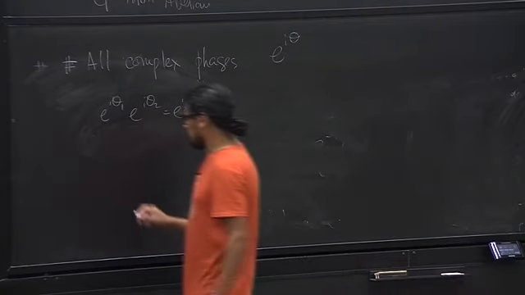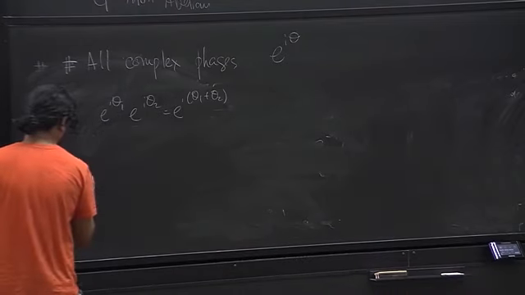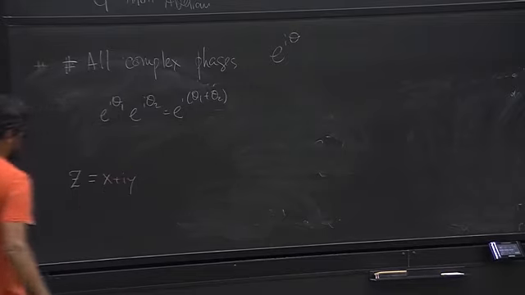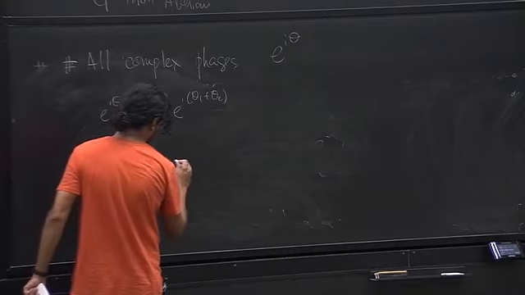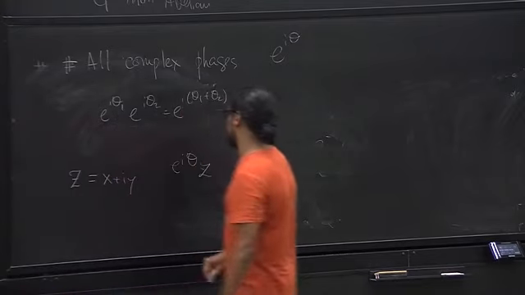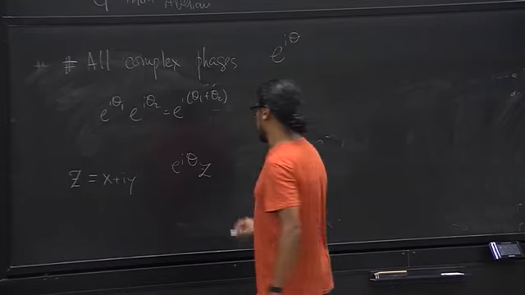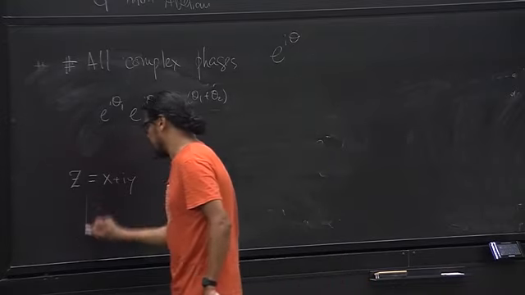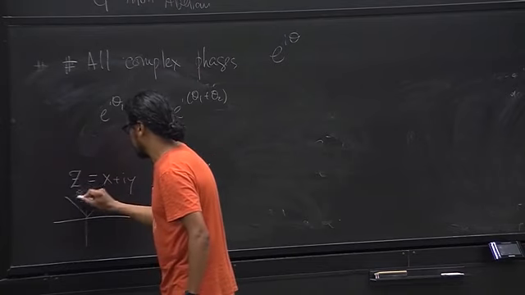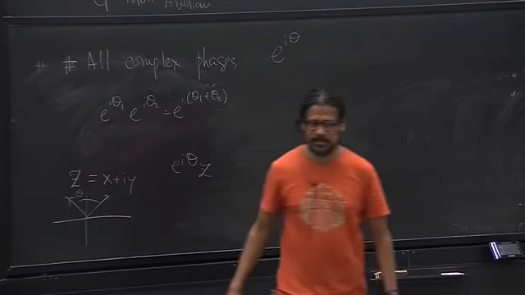If I take a complex number on the Argand plane and multiply it by e to the power i theta, and I represent the complex number by a vector, it rotates the vector by angle theta.